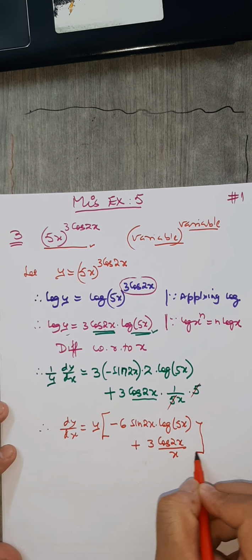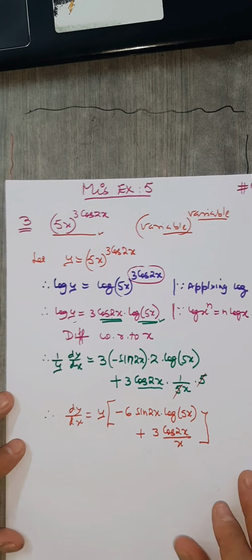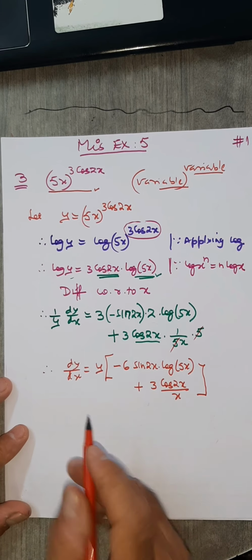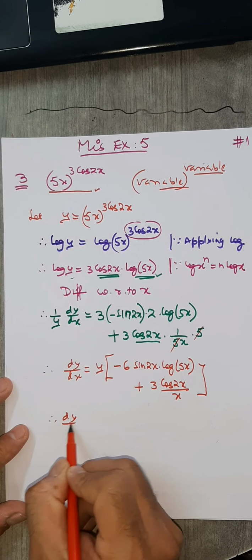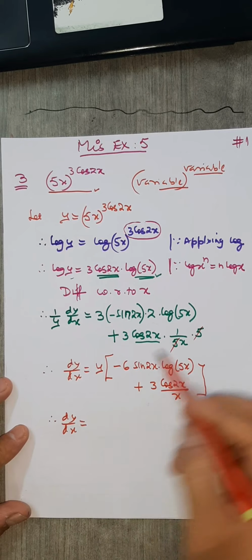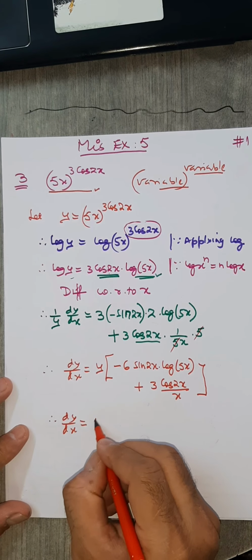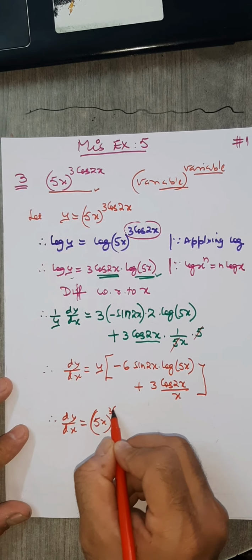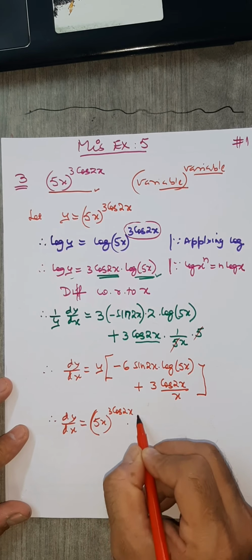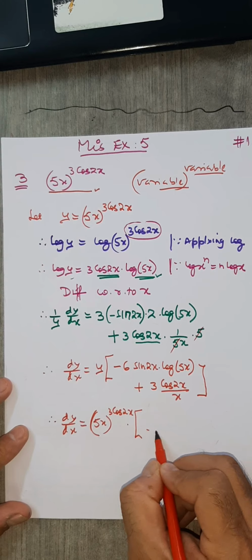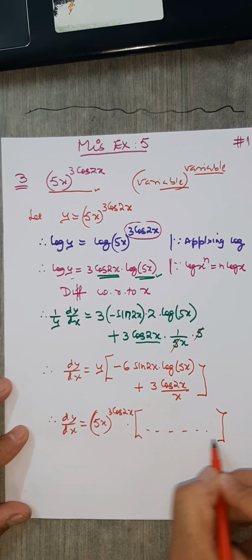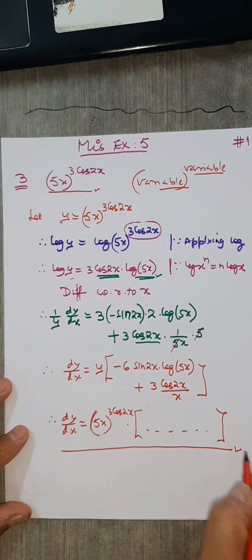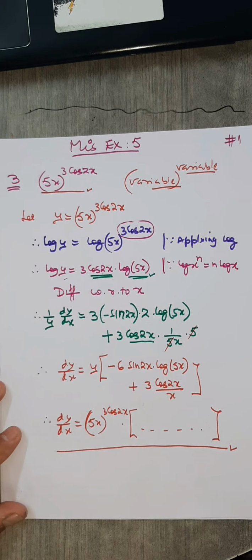This is the final dy by dx. If you want, you can just put the value of y here. So dy by dx equals, what was y? Just look here. It is (5x) the whole raised to 3 times cos 2x into, you just copy this expression. This is the required dy by dx.